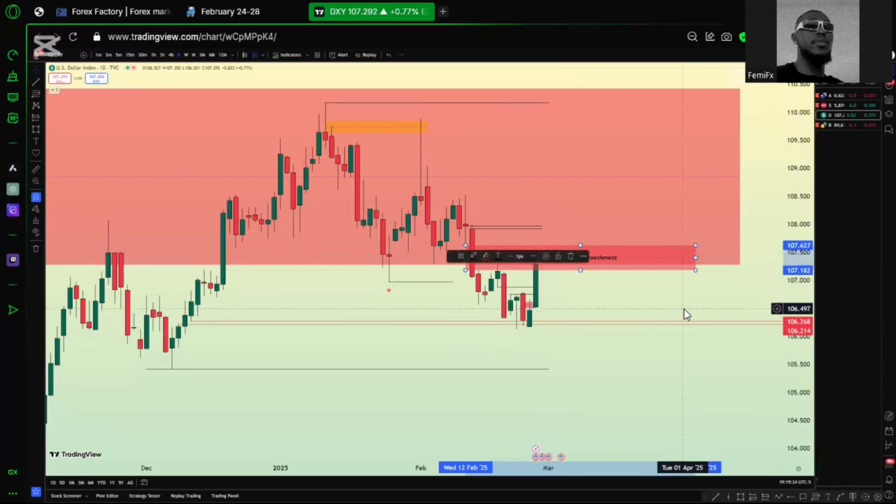Consequent encroachment. So 50% of it is CE. We have CE at that level, we have buy side at that level. So this area is very, very key for price to rally above.